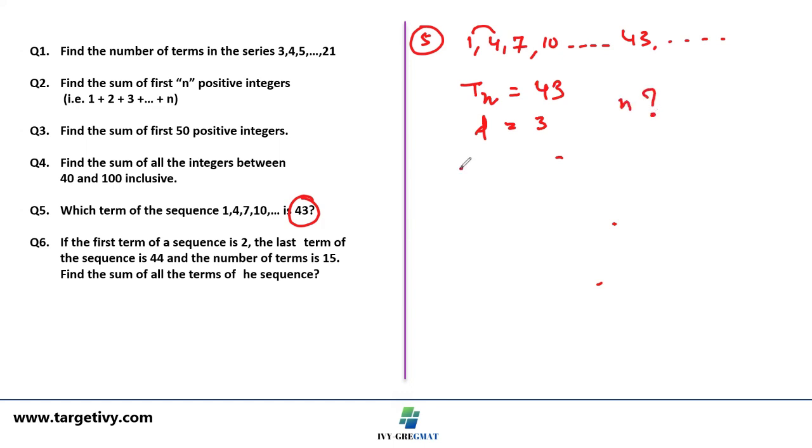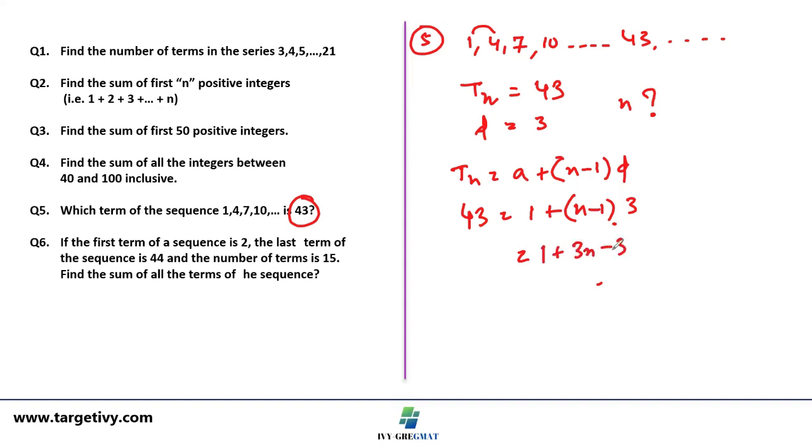So let's put Tn is equal to a plus n minus 1 into d. So 43 is equal to the first term 1 plus n minus 1 into 3. A bit of calculation here: 1 plus 3n minus 3 is equal to 43.